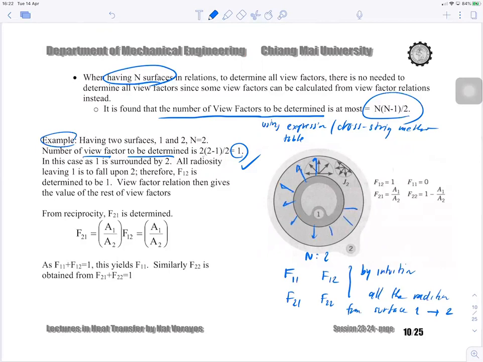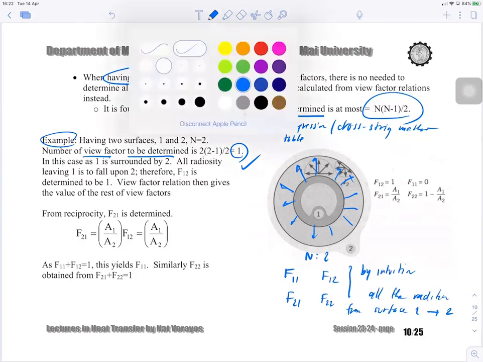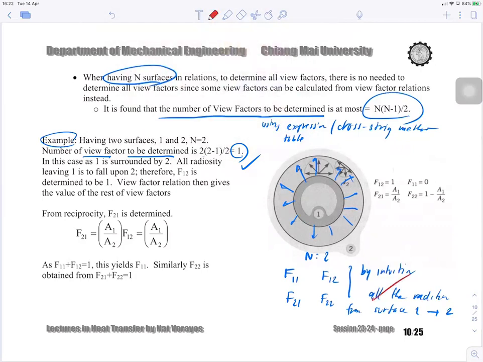The radiation from surface 1 is going to reach surface 2 100%. So by intuition, you're saying that F12 is going to be equal to 1. Okay? So you know that. And then for the rest, you can use the relation.